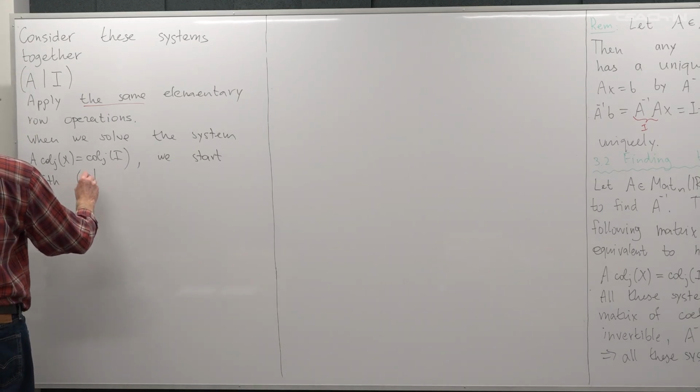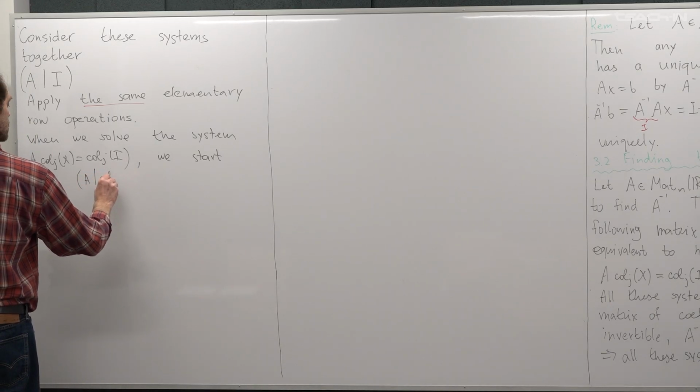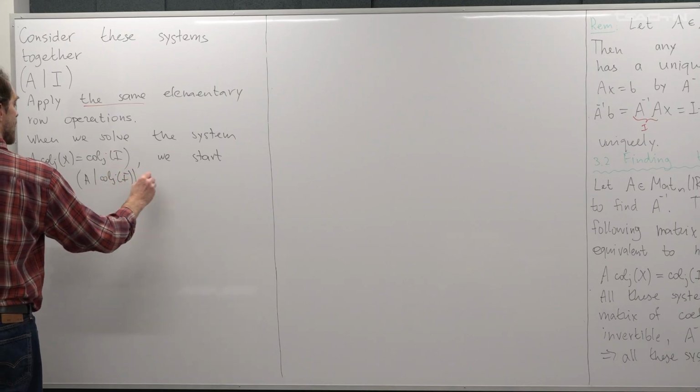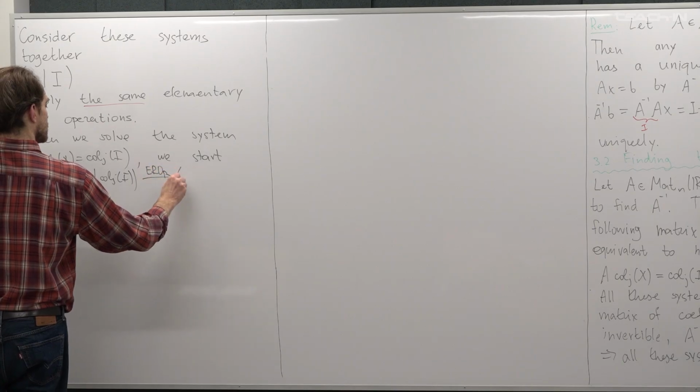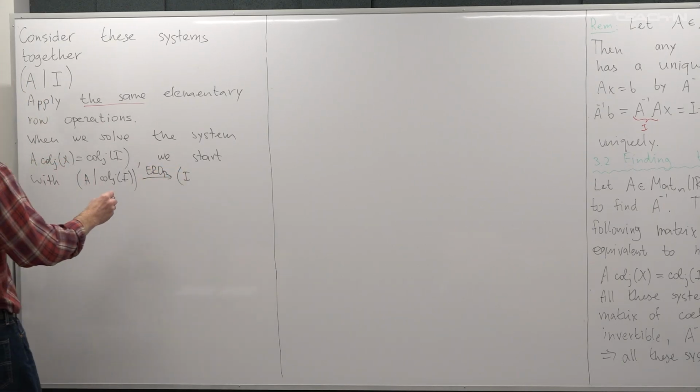We put A here, and we put the jth column of the identity matrix, and then we apply elementary row operations, and finally we get the identity matrix here.